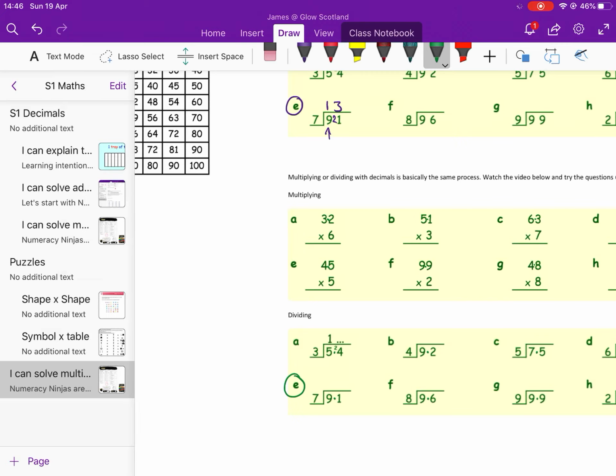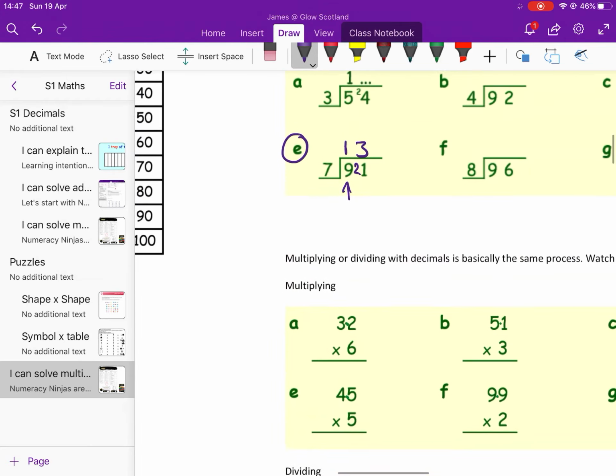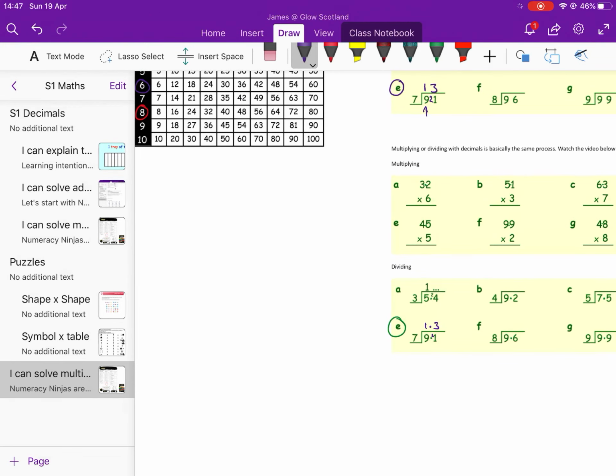So instead of it being 91, it's now 9.1. But the strategy is exactly the same. So how many 7's are in 9? Well, that's still 1. Still remainder 2. But now my point comes next. 7's 21. 21 is 3 times. So instead of the answer being 13, it's now 1.3. But the strategy is exactly the same.